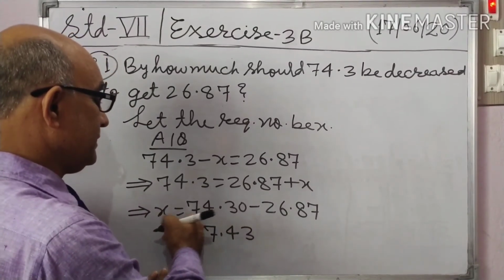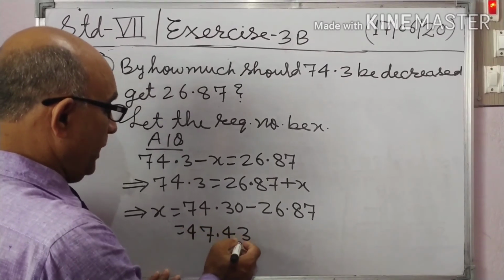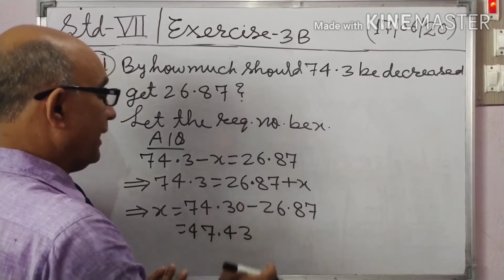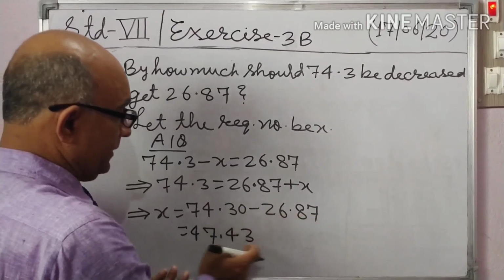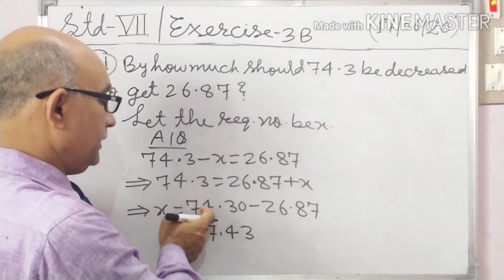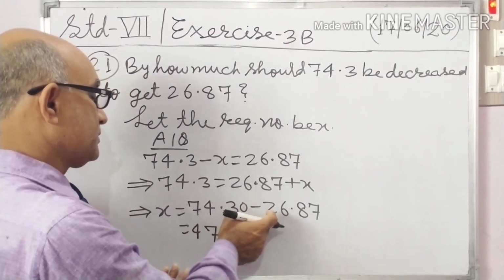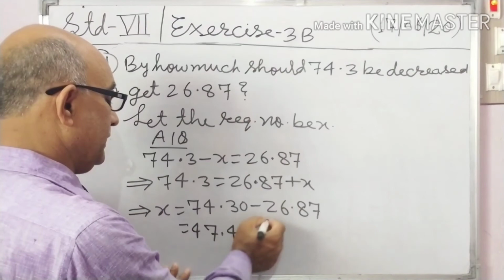And now here 6. 6 minus 2, 4. 47.43. Again check. 10 minus 7, 3. 12 minus 8, 4. Now 13 minus 6, 7. And here 6 minus 2, 4. Answer.